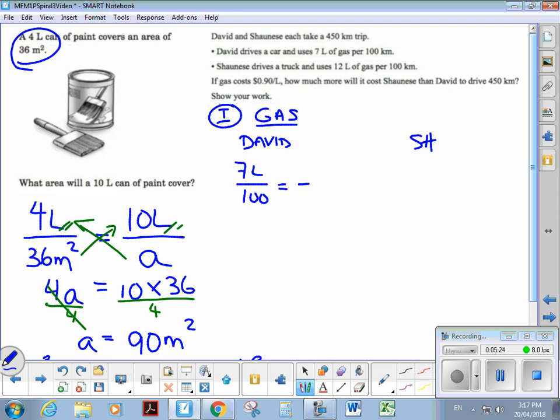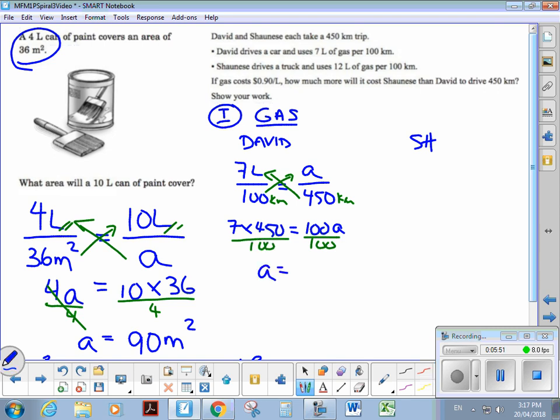We know he's going 450. So again, see how the units have to match up. So we have kilometers, kilometers. So there's David's setup. I'll call that the letter A. Cross multiply. So we have 7 times 450 equals 100A. Divide both sides by 100.